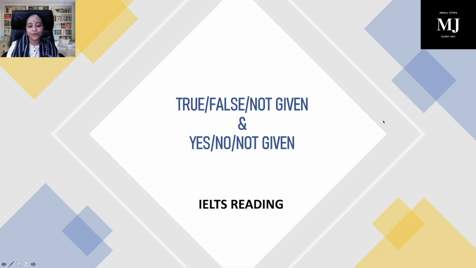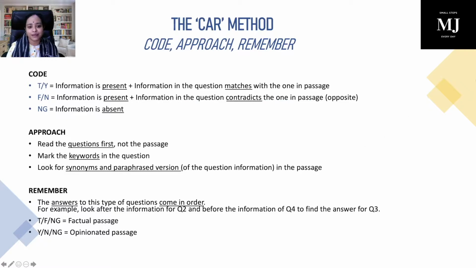Now, when it comes to true, false, not given, and yes, no, not given, there are certain things that you have to keep in mind. I call this the CAR method, one method that I would like you all to remember for each reading question type. It stands for code, approach, and remember.